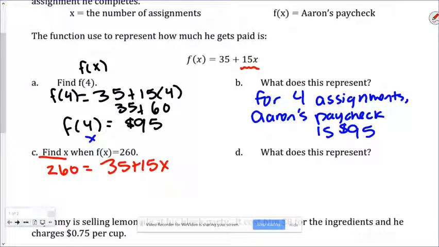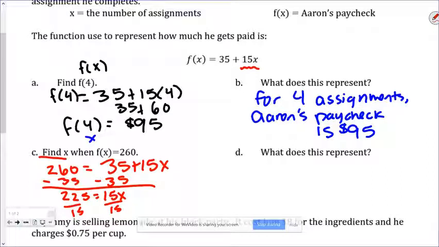Okay, so whenever you see find x, that means you're solving for this variable. So I'll subtract 35 and then divide by 15. All right, so we do 225 divided by 15. You should get x is equal to 15.